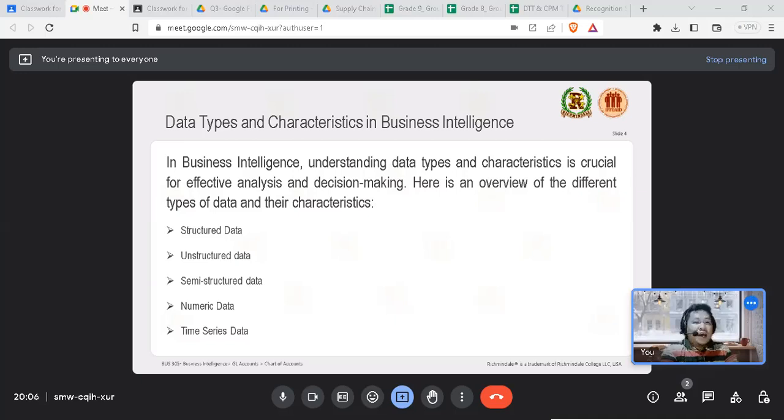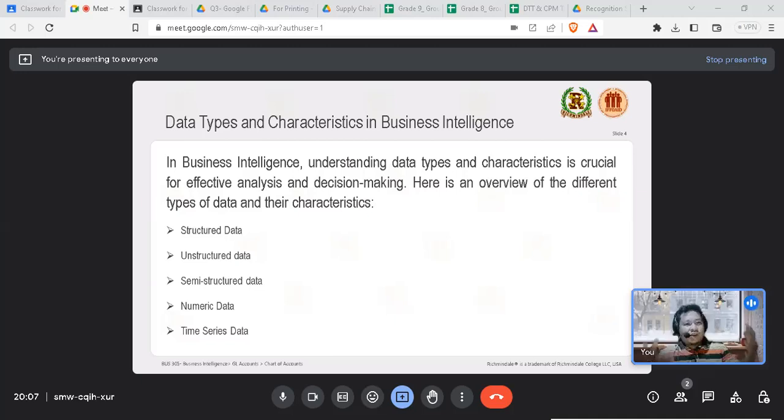Another one is querying and analysis, which is still under structured data. Structured data's well-defined schema facilitates powerful querying and analysis capabilities within business intelligence systems.